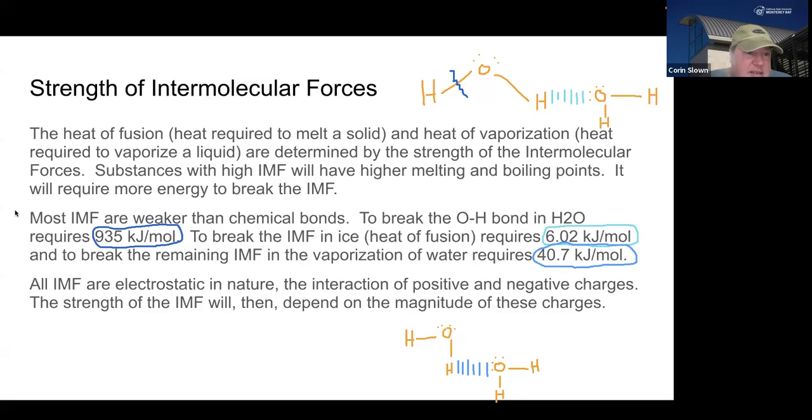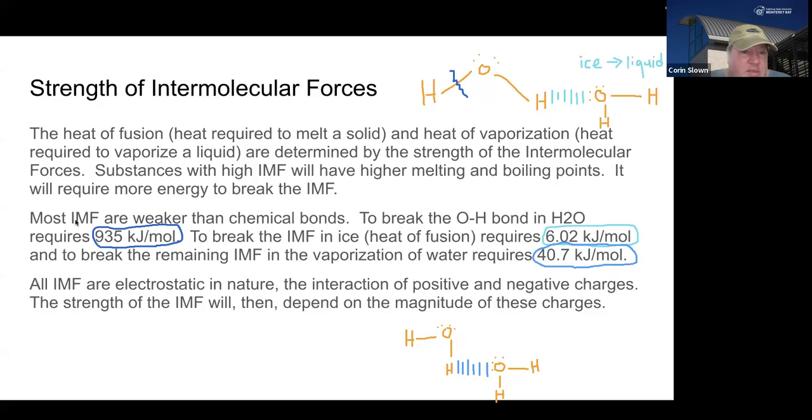So this is ice, relatively little needed. If I'm going from ice to liquid where I'm breaking that bond, that's 6.02.